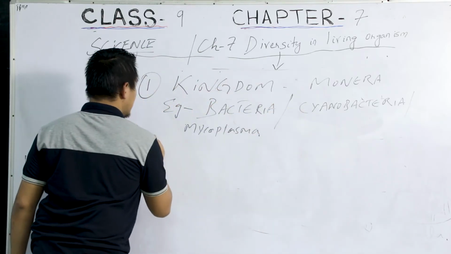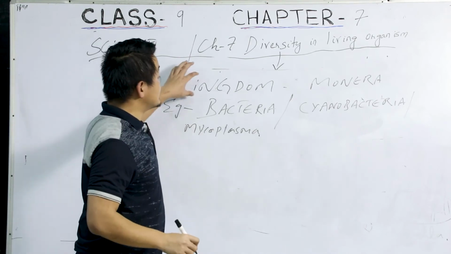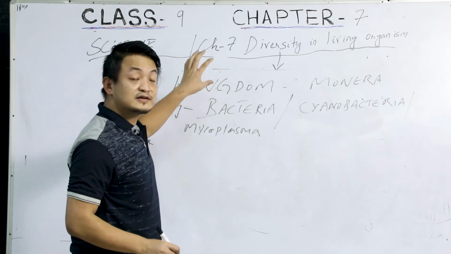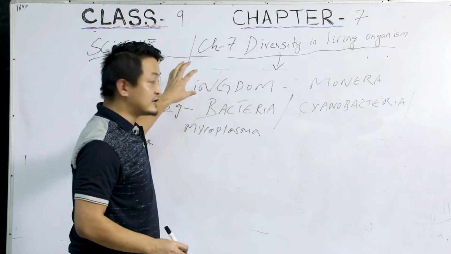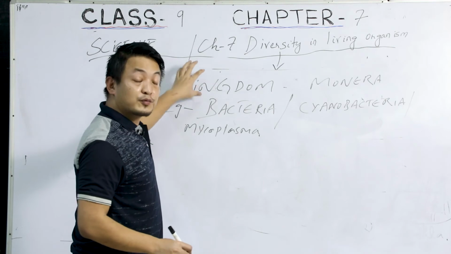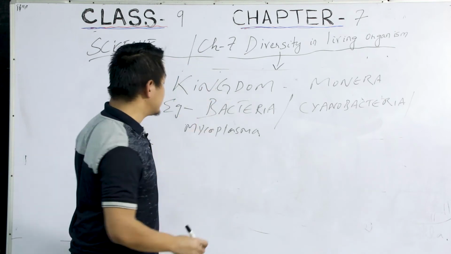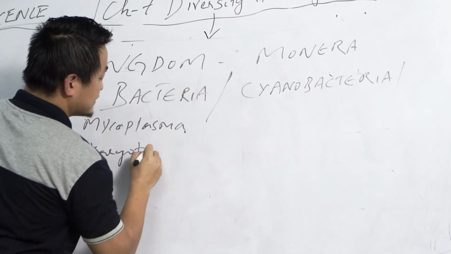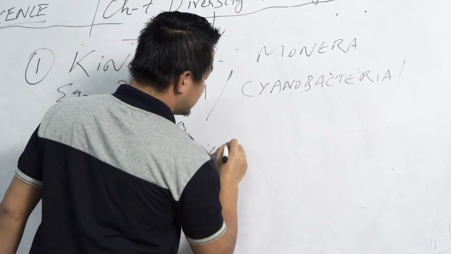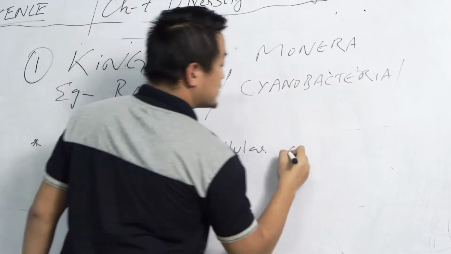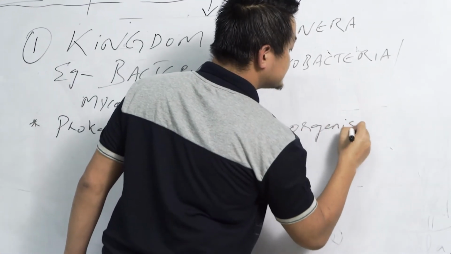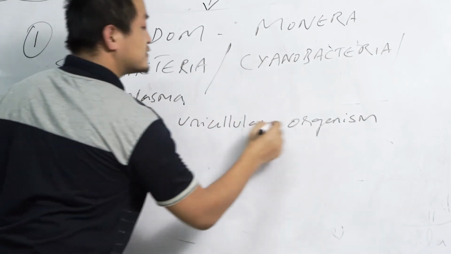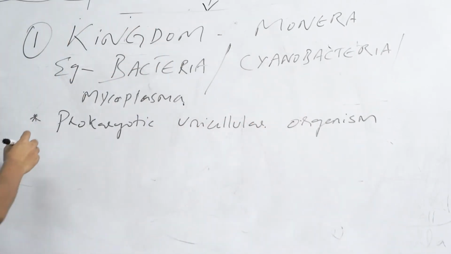Now, to make it very easy, we can say that kingdom Monera organisms are prokaryotic. The first point: they are prokaryotic unicellular organisms.